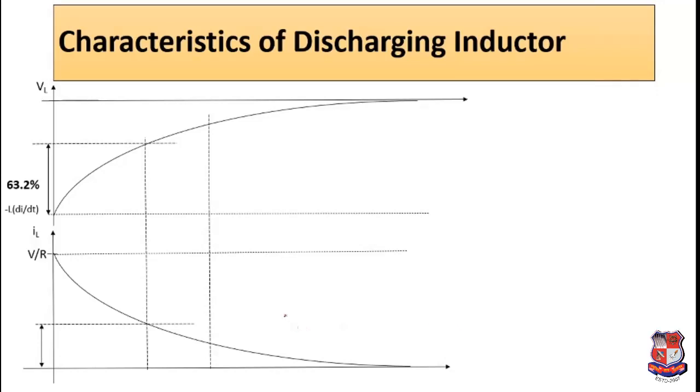Now, because these characteristics have changed, the time constant's definition will also change. The time constant tau is the time taken by the inductor voltage to increase from minus L di by dt to 63% of its initial value, or you can say it is the time taken by the inductor current to decrease from V by R, that is from the maximum value, to 36.7% of its initial value.